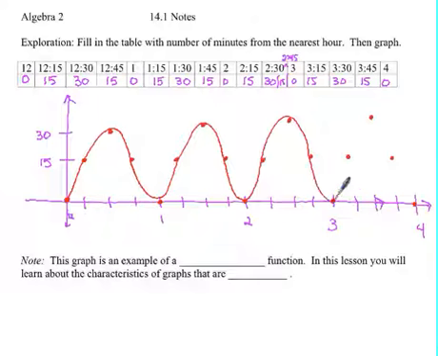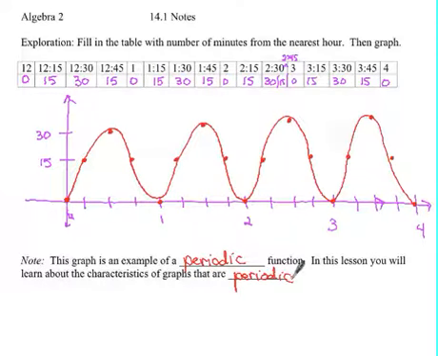So there's definitely a pattern happening here. This graph is an example of a periodic function. In this lesson, you will learn about the characteristics of graphs that are periodic.